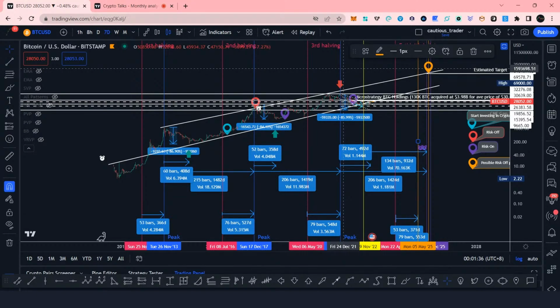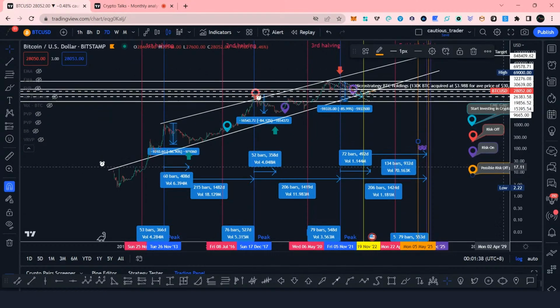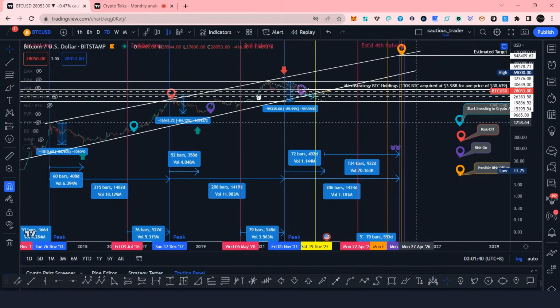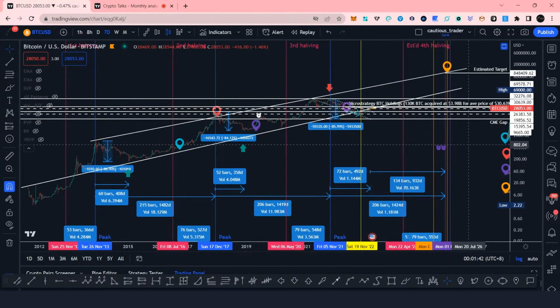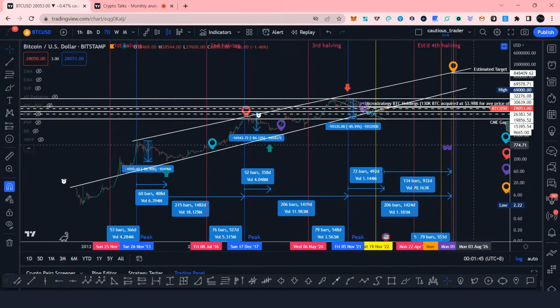Anyway, that's it for my long term view. I think I haven't discussed it yet, but there are already three bullish confirmations if we use the 7 days or weekly time frame.